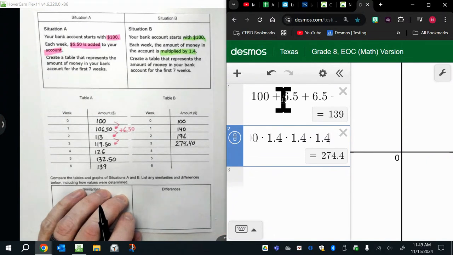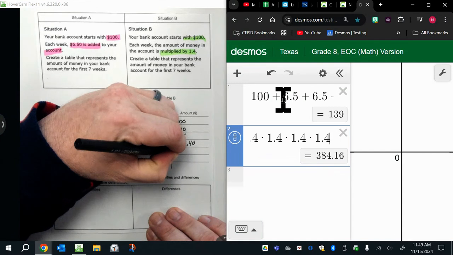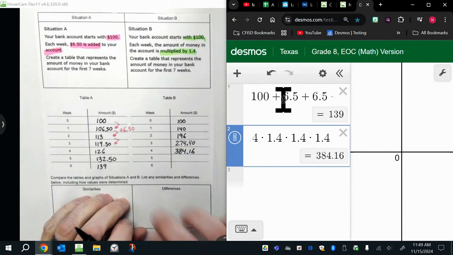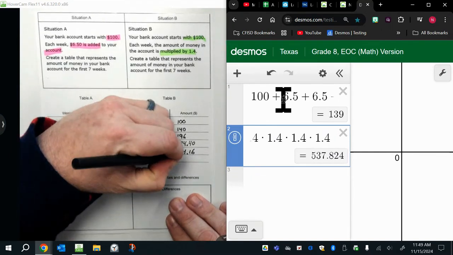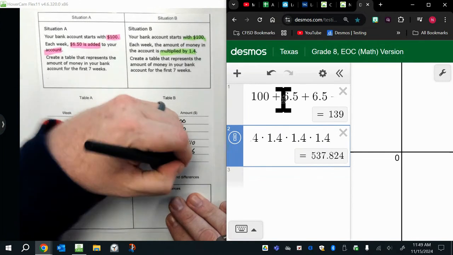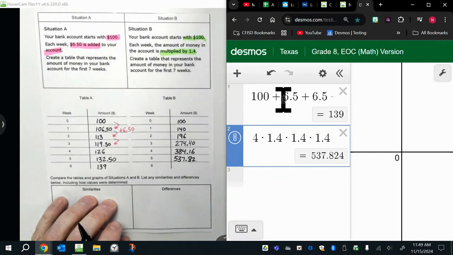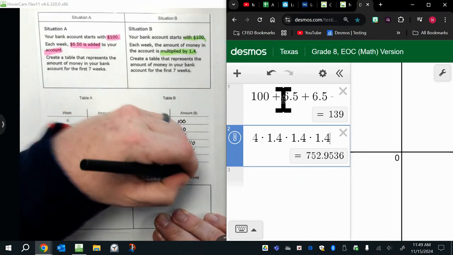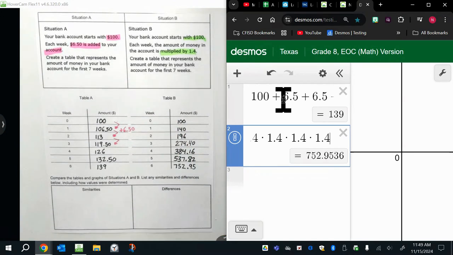I'm going to take that times 1.4. $384.16 times 1.4. $537.82. And times 1.4 one more time, and we have $752.95.